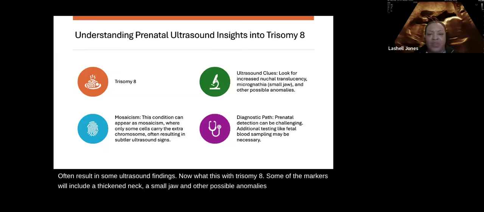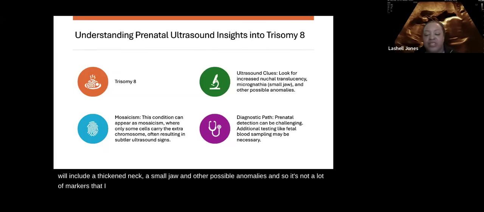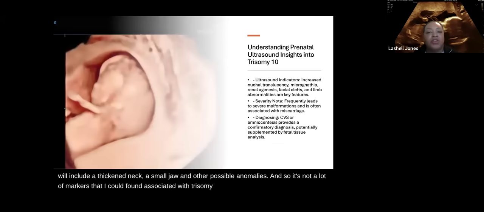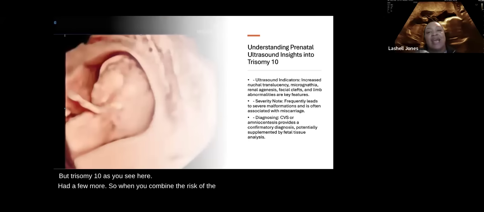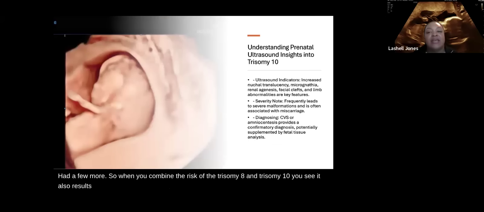It's not a lot of markers that I could find associated with trisomy 8, but trisomy 10, as you see here, had a few more. So when you combine the risk of trisomy 8 and trisomy 10, you see it also results in an increase in micrognathia, renal agenesis, which is pretty serious, and facial clefts.